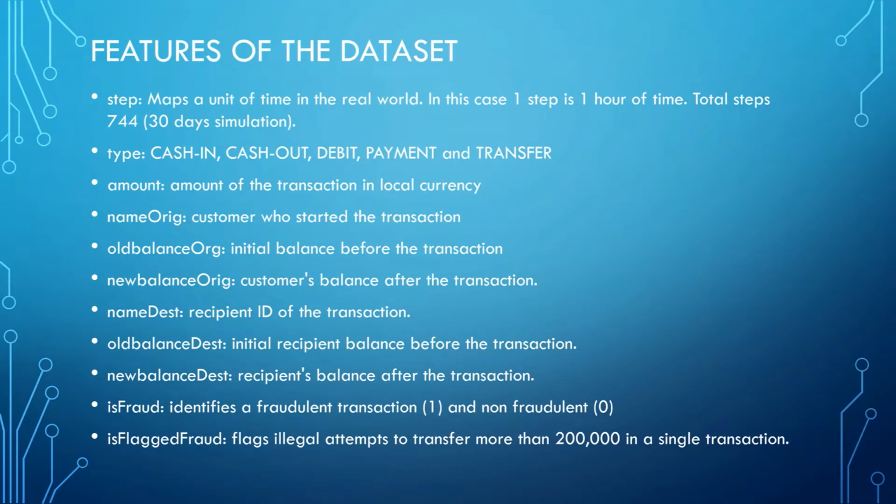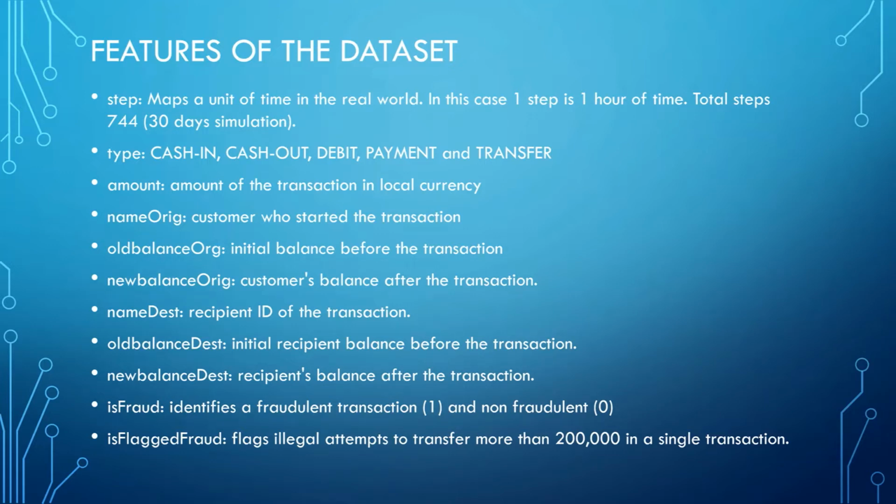Let's see the features of the data set. So it has step. It represents the unit of time in real world. In this case, one step is 1 hour of time. Total steps is 744. That is 30 days worth of simulated data. And type of the transaction and amount of the transaction in local currency.